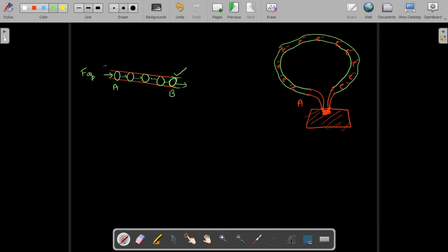So they are all moving together. A similar case happens in the wire.